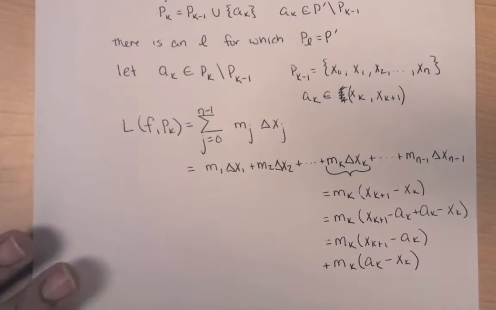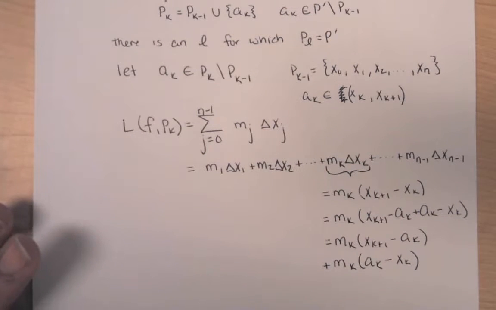All right, now let's consider the lower sum for the partition pk plus 1.